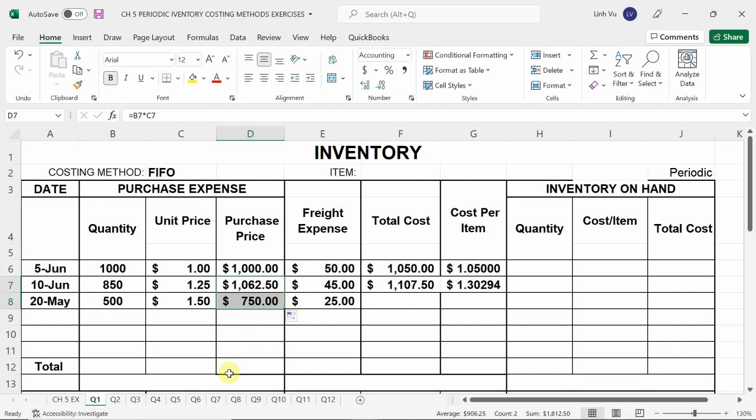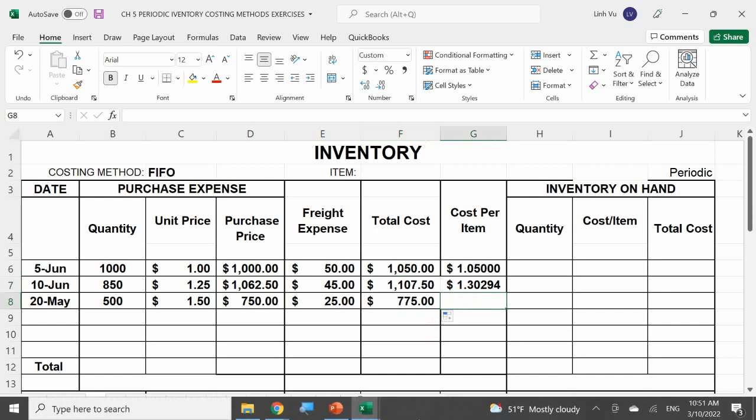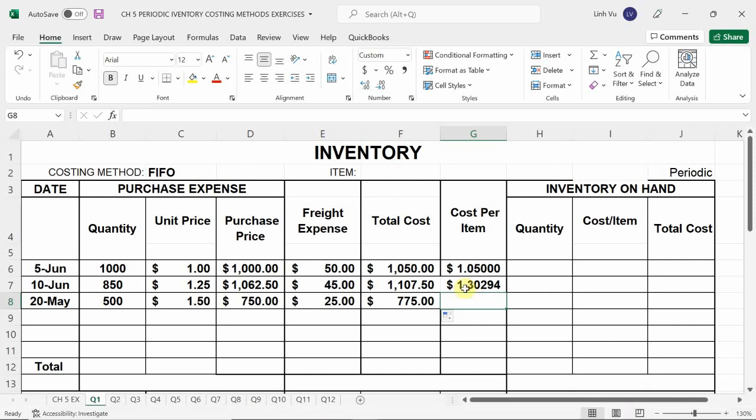Okay, it's $750, plus 25, $775. So in this case, what is my cost per item? $1.55. Okay.